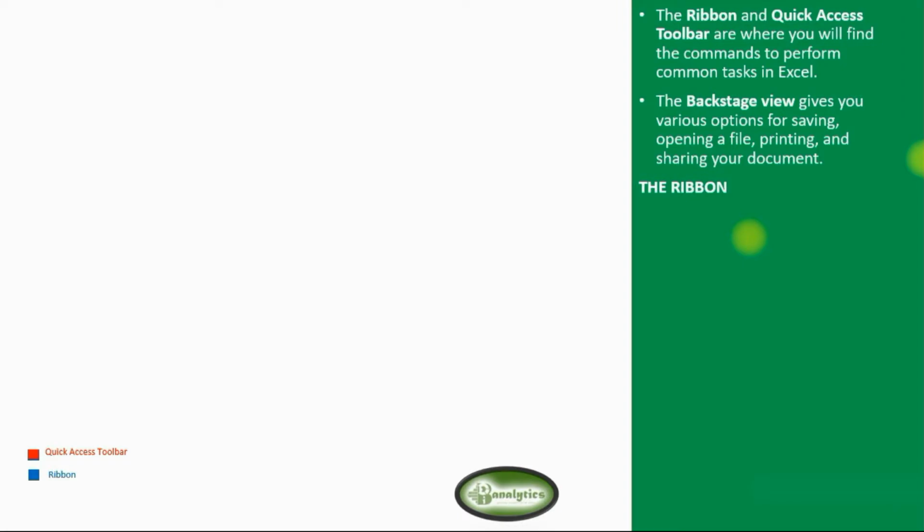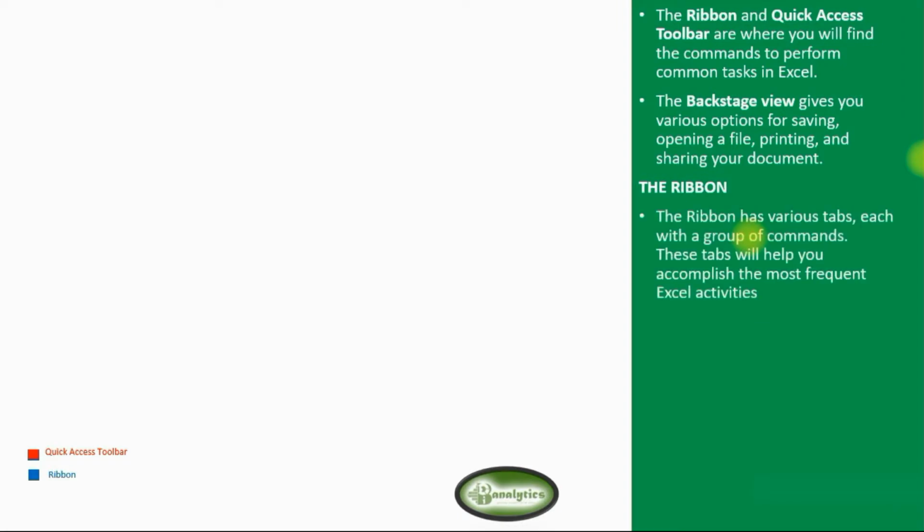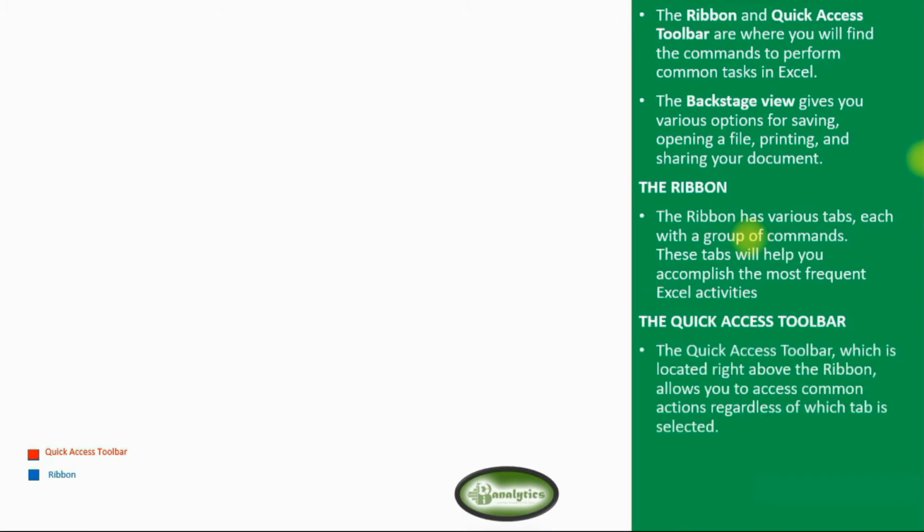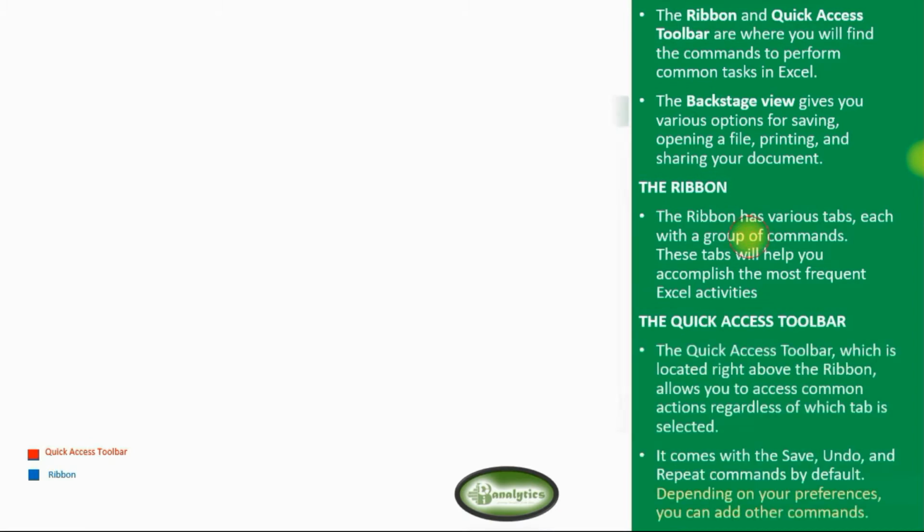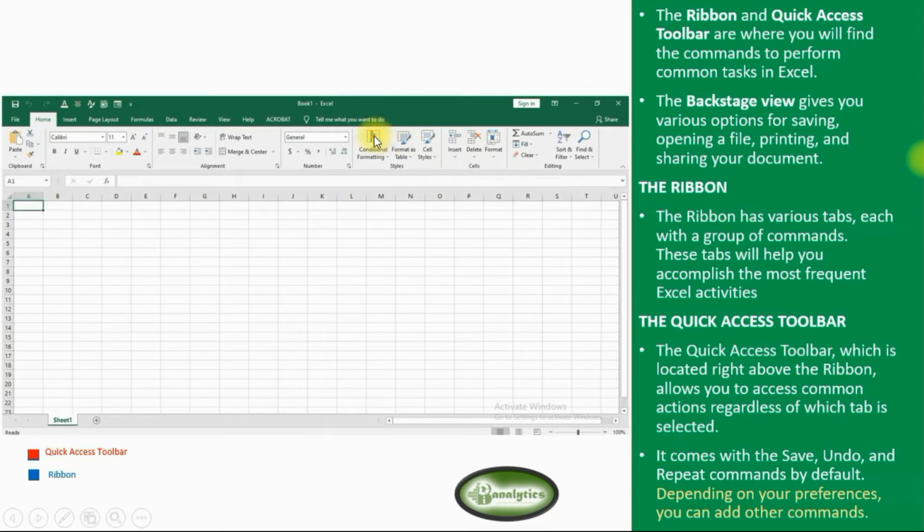I also like to lay a foundation of introduction on some of the things you might meet in the Excel workbook, particularly the Excel interface, which I will be explaining, and that is the ribbon and the quick access toolbar. The ribbon has various tabs, and each has groups of commands that help you to achieve your activities frequently on Microsoft Excel. I'm also going to introduce you to the quick access toolbar.